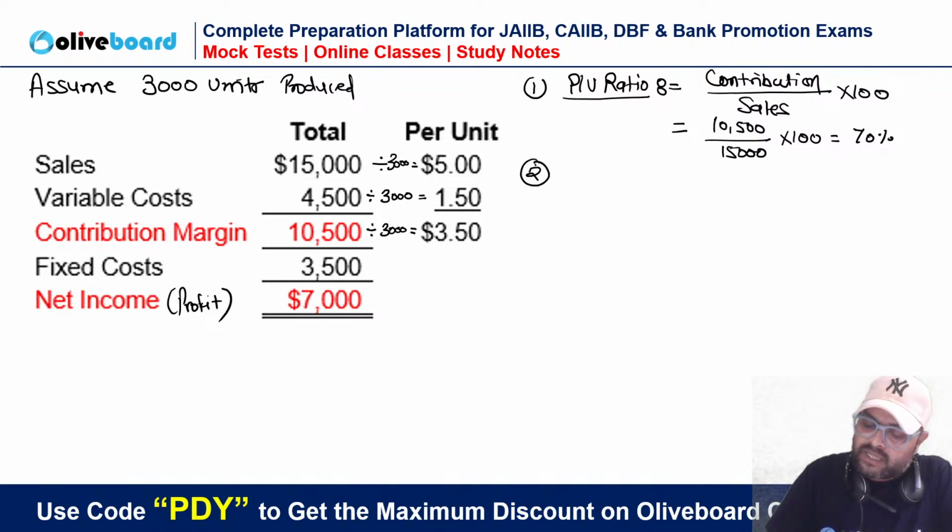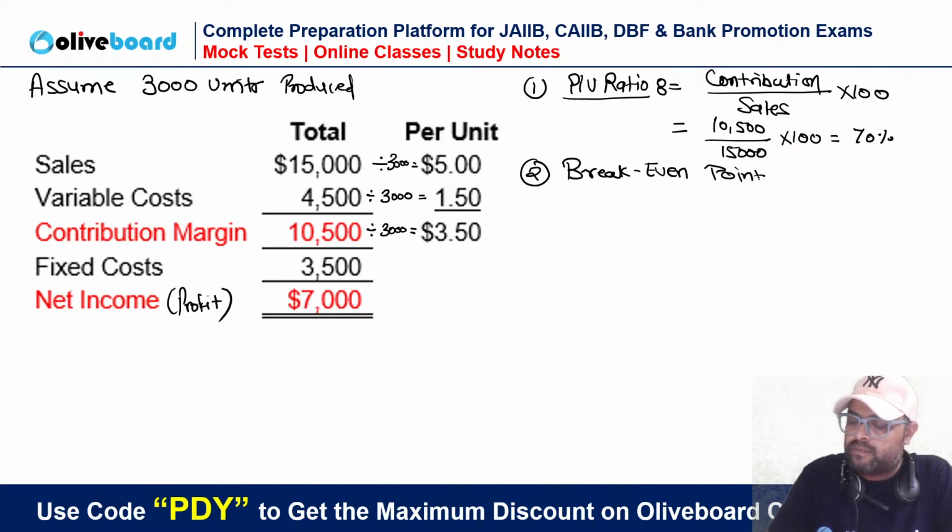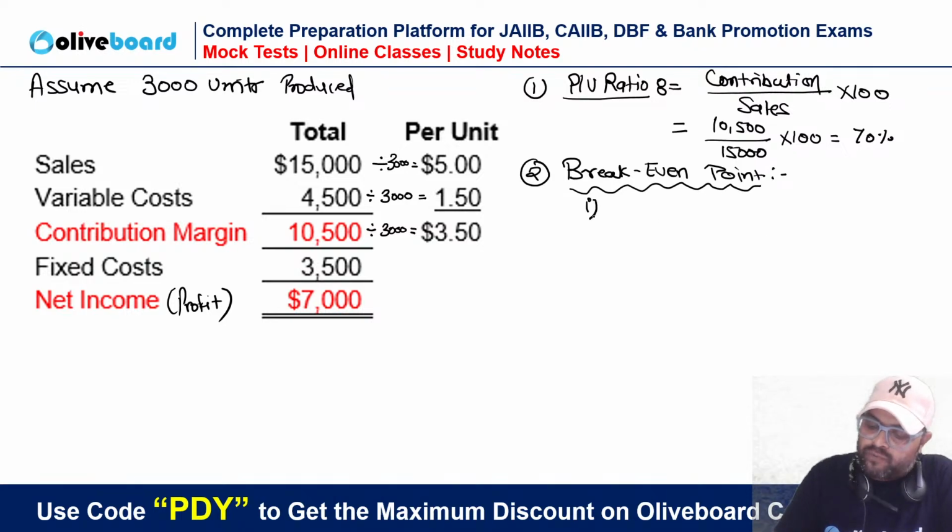Second calculation they can ask from you is break even point. There are two formulas possible. One, when they ask to calculate the break even point in amount, in this example we are using dollars.